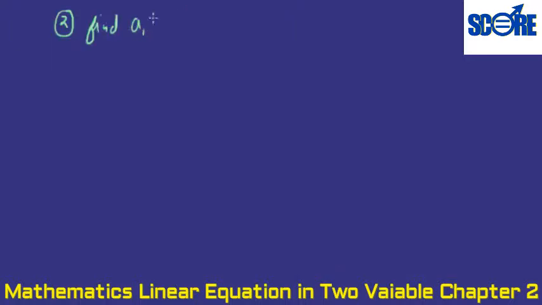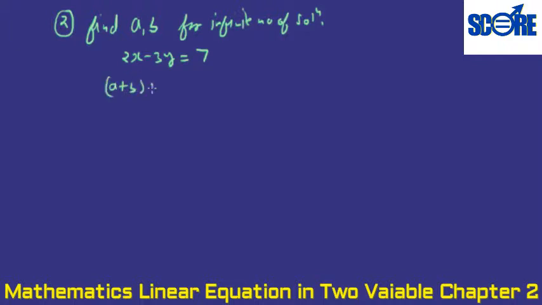Find a, b for an infinite number of solutions, and the equations are 2x minus 3y equals 7, and (a plus b)x minus (a plus b minus 3)y equals 4a plus b. हमें a और b की वैल्यू फाइंड करनी है ताकि इन गिवन इक्वेशंस के infinite solutions हों.